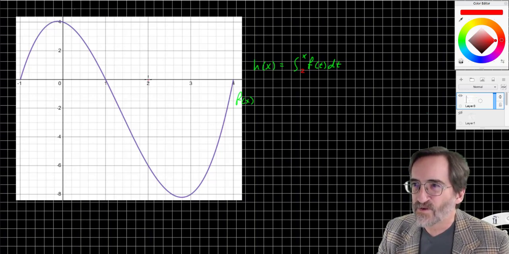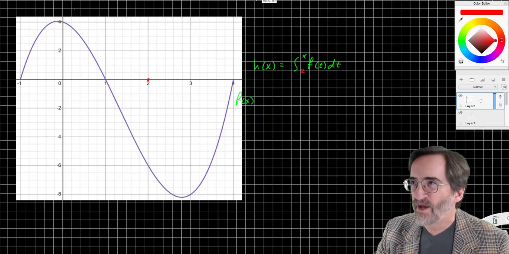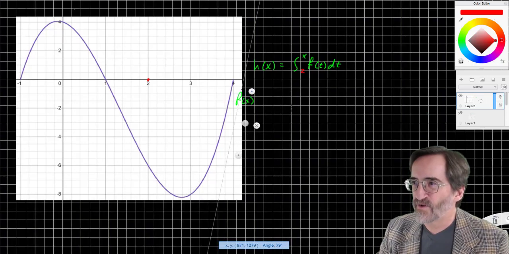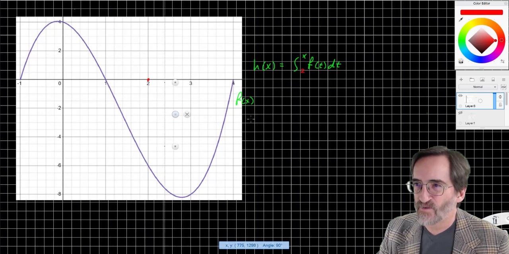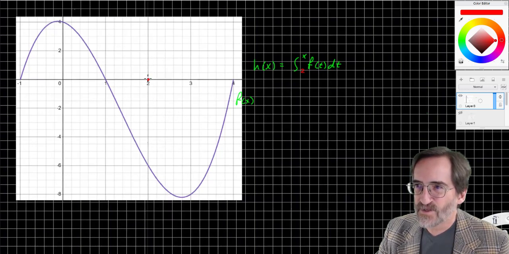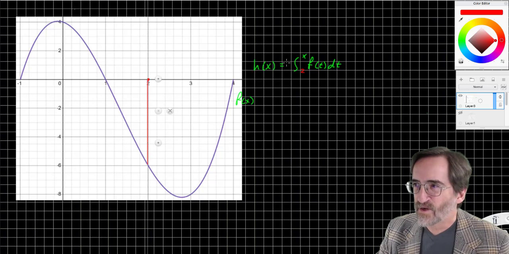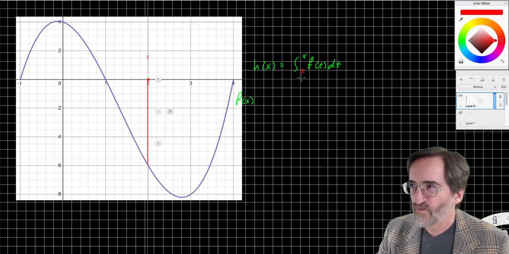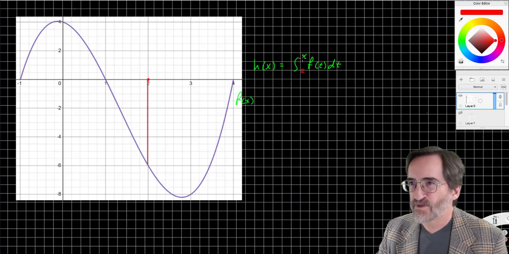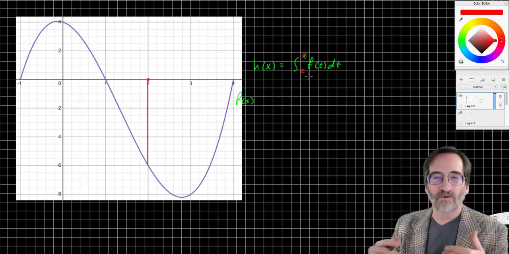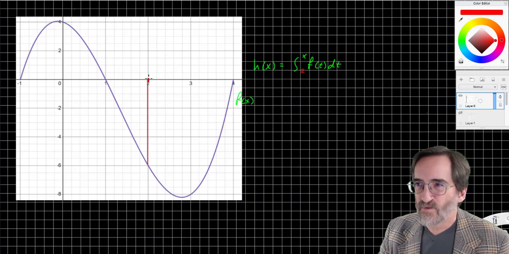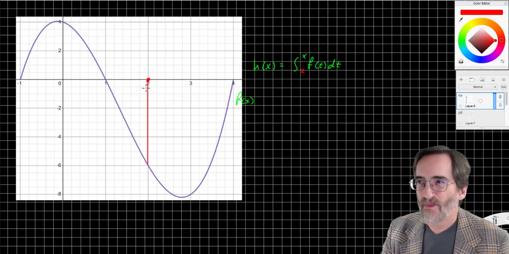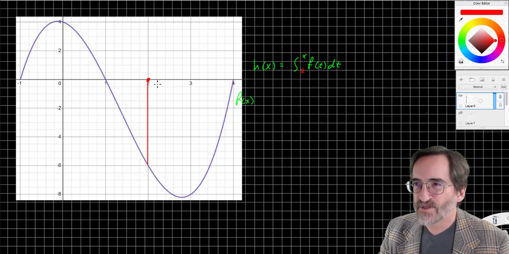We're going to start at 2, and the first point of interest for the graph of the integral is if I start at 2, what is the integral from 2 to 2? We know the integral from a to a is 0. So the function value for h is, the integral is right here, right? Is at 0.